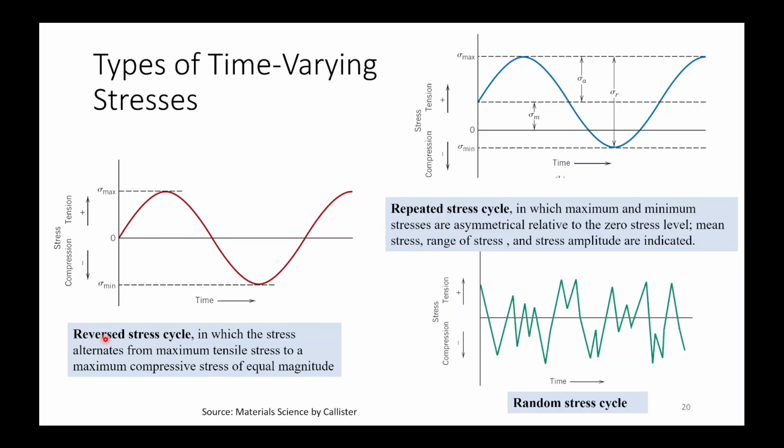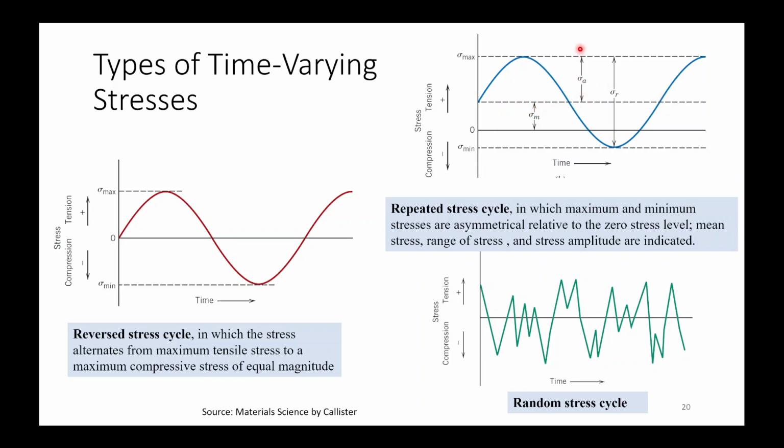In the case of a reversed stress cycle, the stress alternates from maximum tensile stress to a maximum compressive stress of equal magnitude. Sigma max and sigma min, their magnitudes will be equal. The other is the repeated stress cycle, in which the maximum and minimum stresses are asymmetrical relative to the zero stress level, and mean stress, range of stress, and stress amplitude are indicated here.